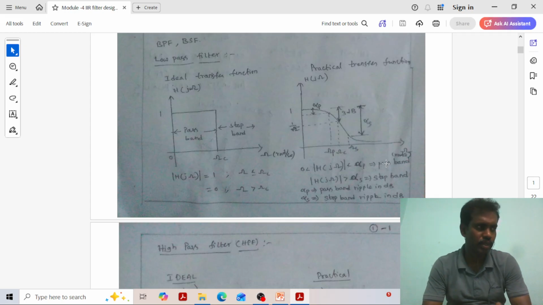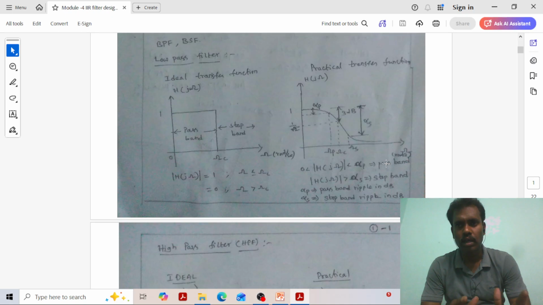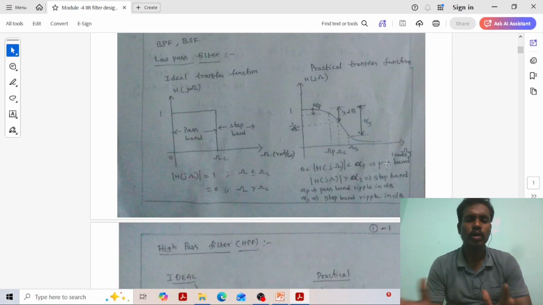That's a filter. A filter is a system that passes the required frequencies from input to output, or restricts the unwanted frequencies from input to output.